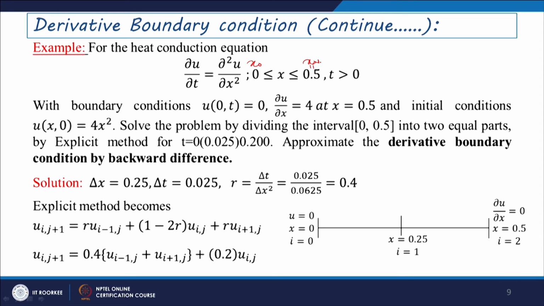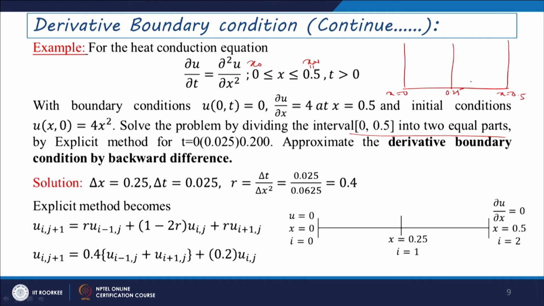We can formulate this domain from x equals 0 to x equals 0.5, and discretize it. Since the question asks for 0 to 0.5 in 2 equal parts, we write 0.25 here. So the final point is 0.5.